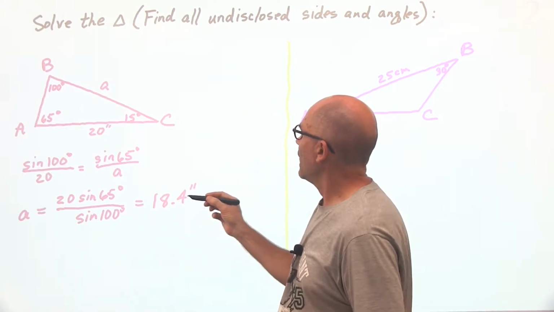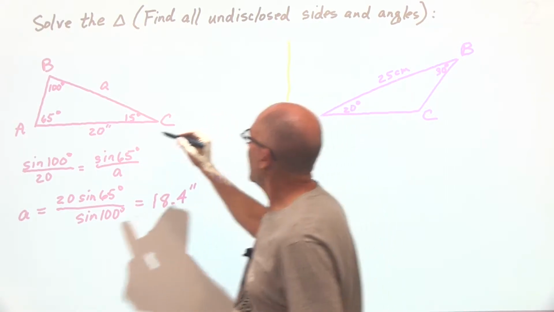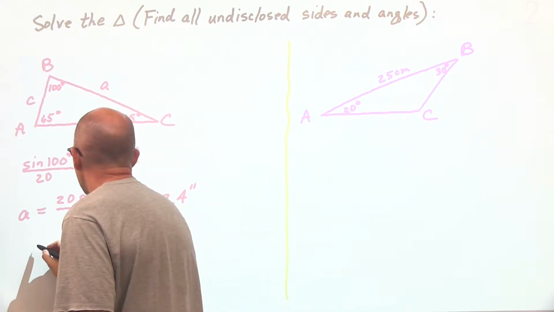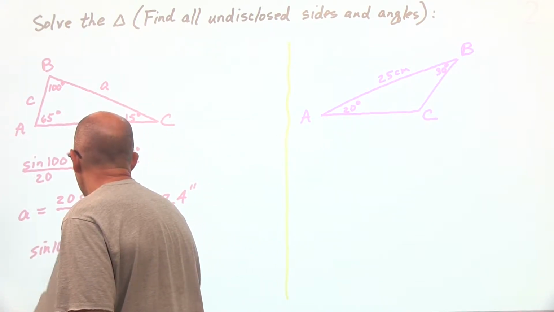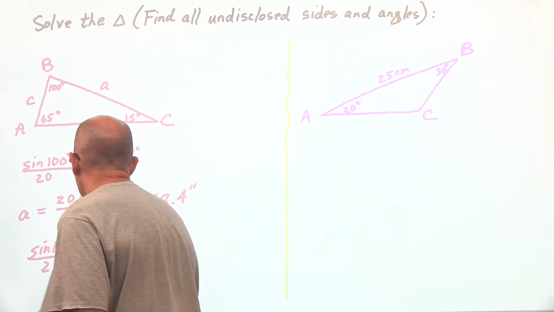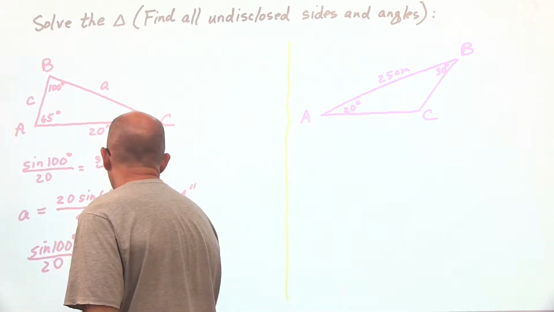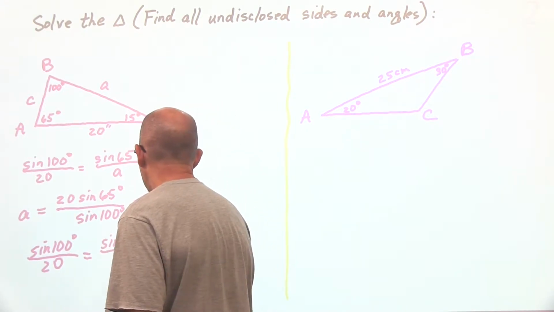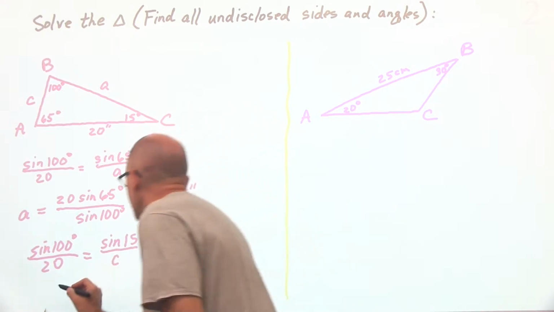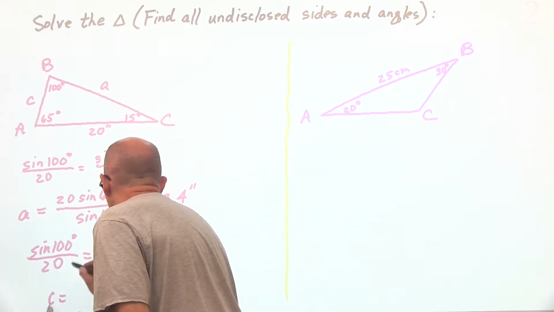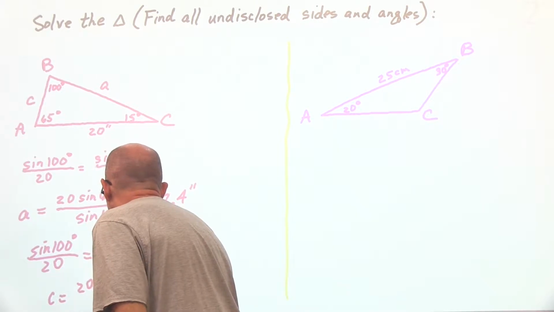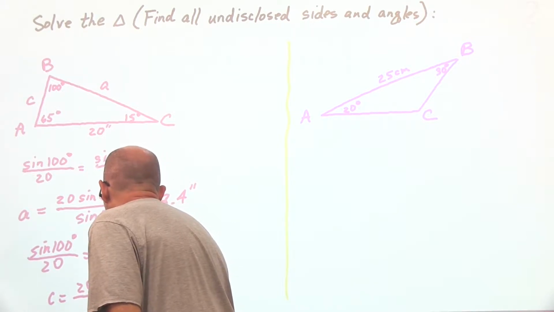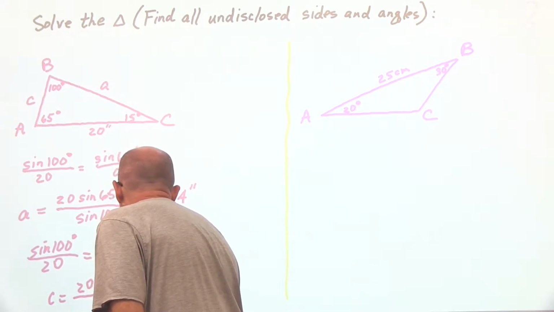Now we do the same thing with side C, because we know that sine 100 over 20 also has to equal sine of angle C divided by side C. So that means side C is going to equal 20 sine 15 divided by sine 100.